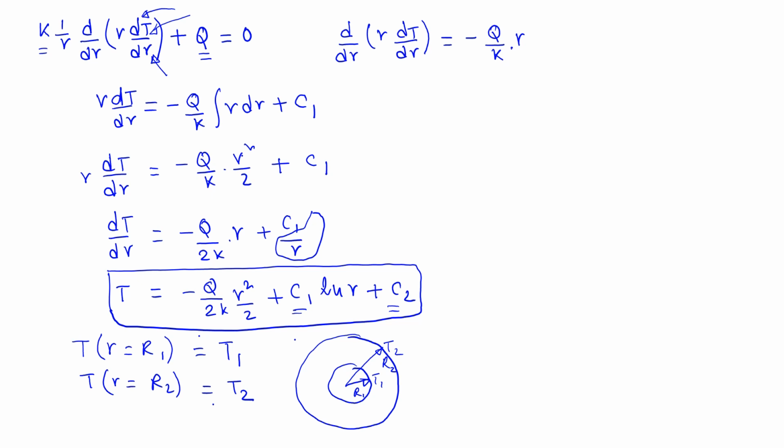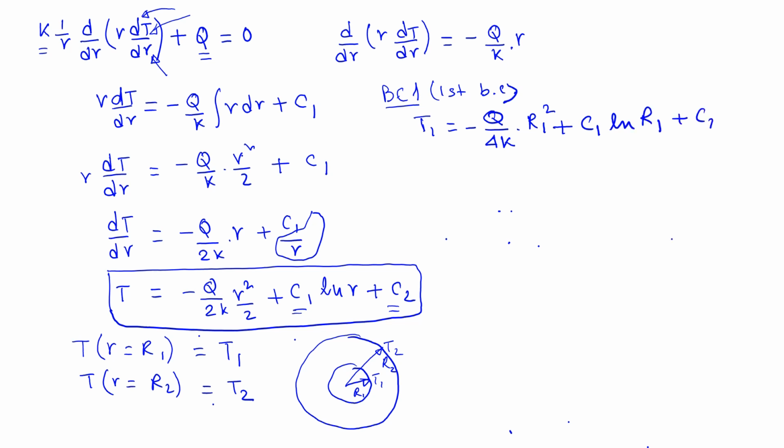Substituting the first boundary condition, we get T1 equal to minus q over 4k times r1 square plus c1 natural log of r1 plus c2.